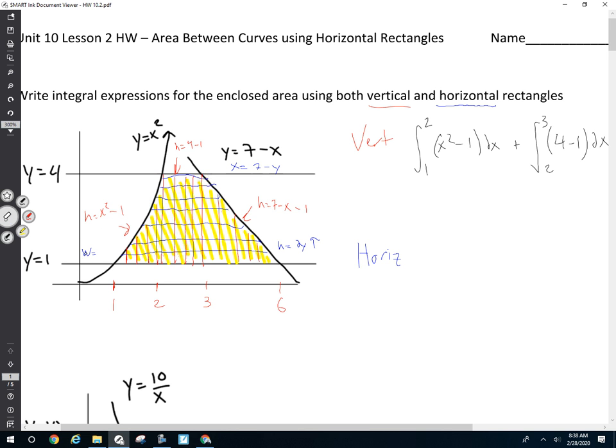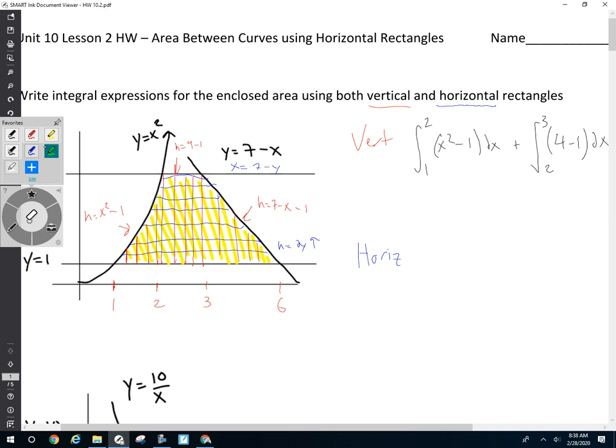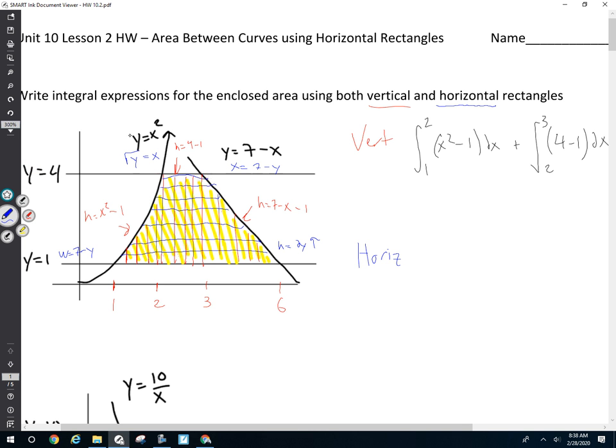So I have 7 minus y. And then this guy, to solve for x, to get an x distance in terms of a y coordinate, if I plug in a y and square root it, I will get an x distance. So I will subtract that root y. And all of a sudden, this is just one integral, one infinite sum, starting from 1 going to 4, making sure my dy's are positive, of a right minus a left.